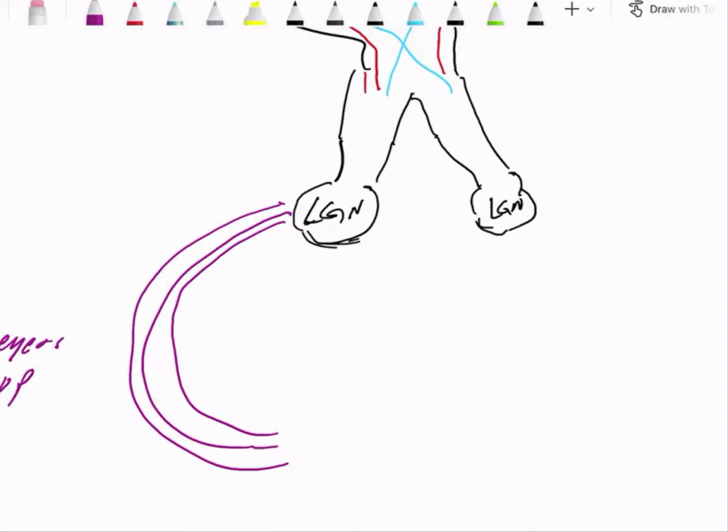This will conduct its impulses to the lower bank of the calcarine fissure in the primary visual cortex in the occipital lobe, which is also called the lingual gyrus.